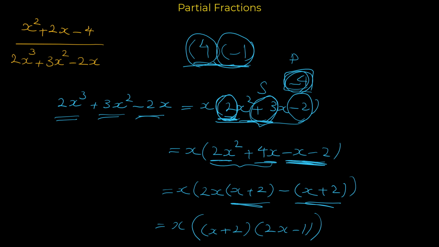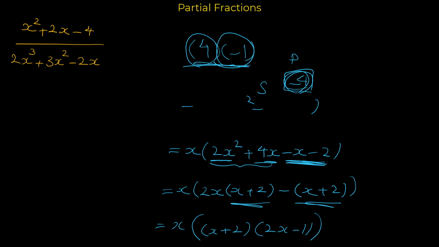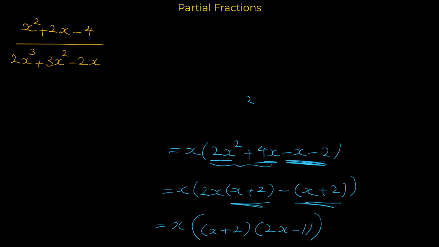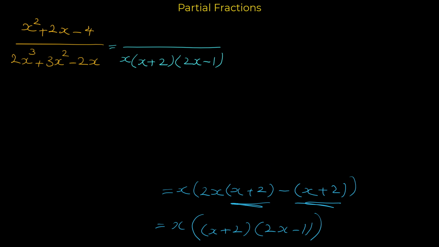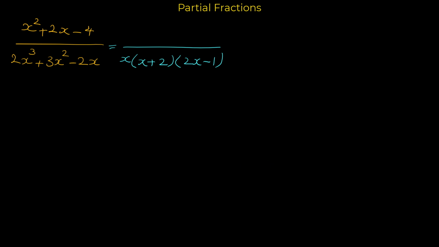So finally, the factored form of the denominator is x times (x + 2) times (2x - 1). The first step is always factoring the denominator. And we rewrite the numerator.